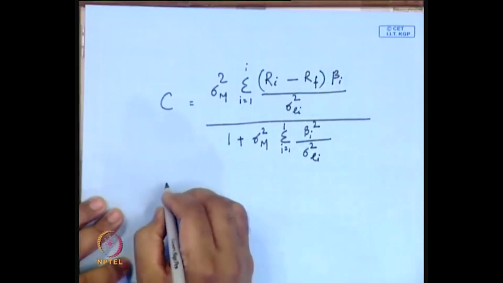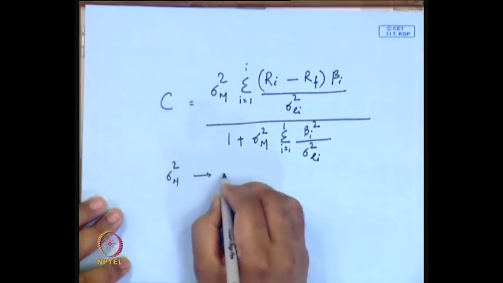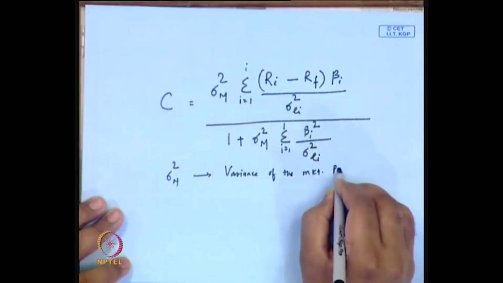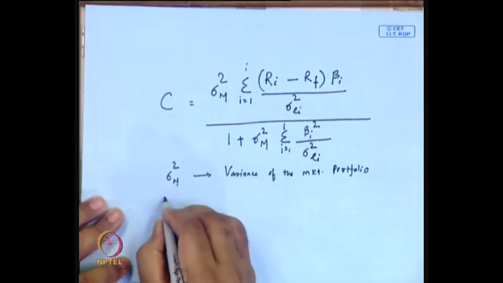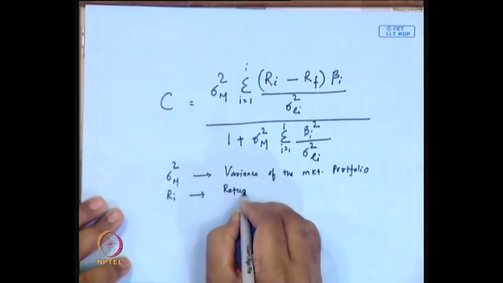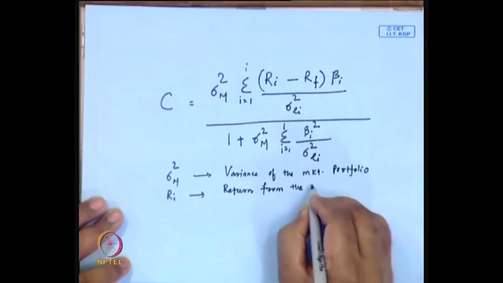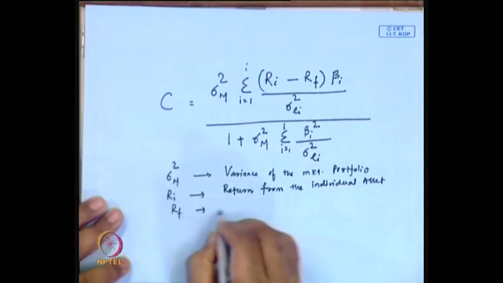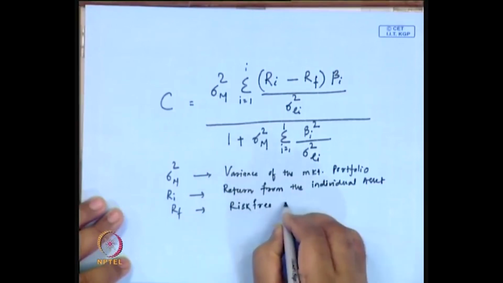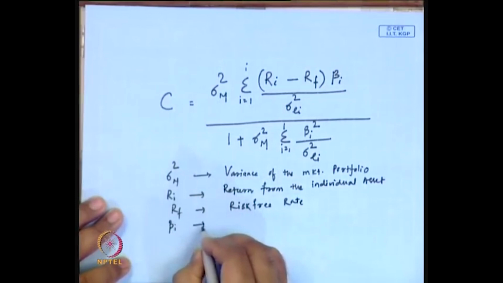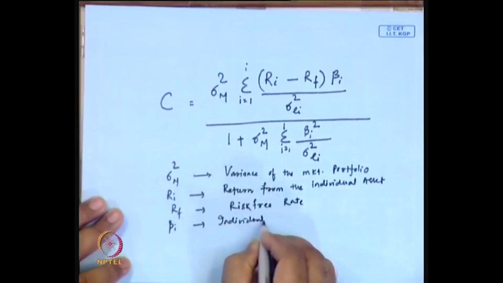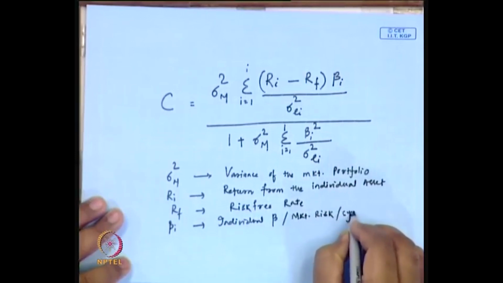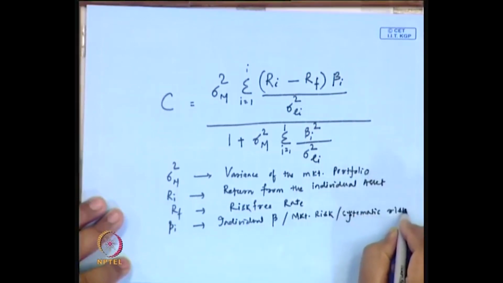So, here if you want to explain it, basically this represents the variance of the market portfolio, and your RI represents the return from the individual asset, RF represents your risk free rate, beta I represents the individual beta or the market risk or the systematic risk of the stock.